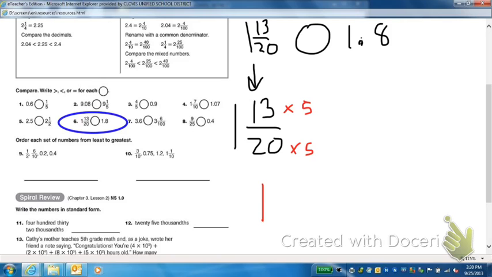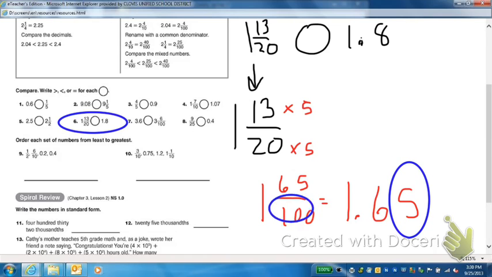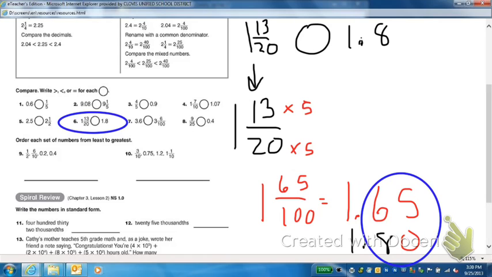And we're going to get 65 over 100, which as a decimal would be 1.65, because the 5 is in the hundredths place. So now we know that 1.8, add a 0, and it's really saying 80 is bigger than 65. So 1 8/10 is greater than 1 13/20.